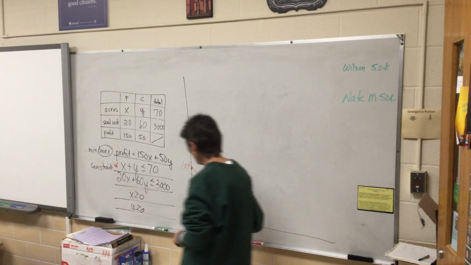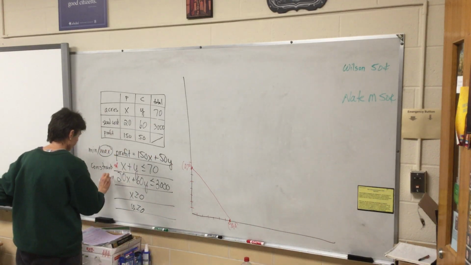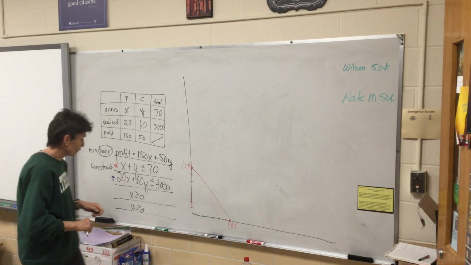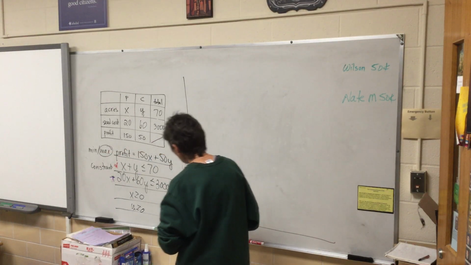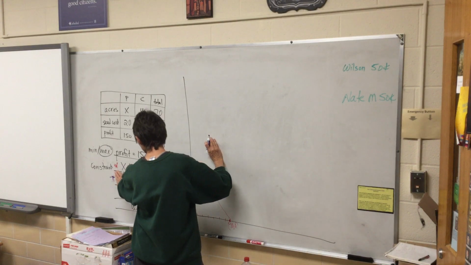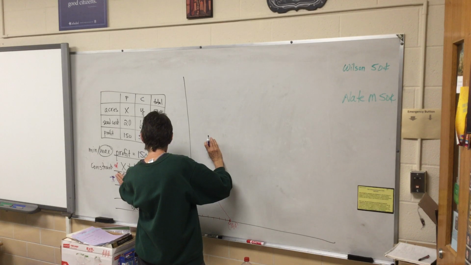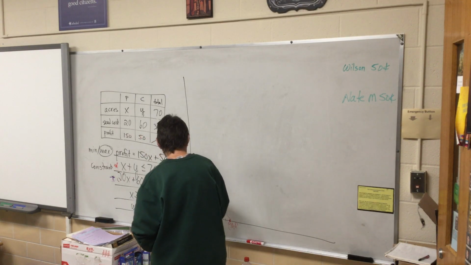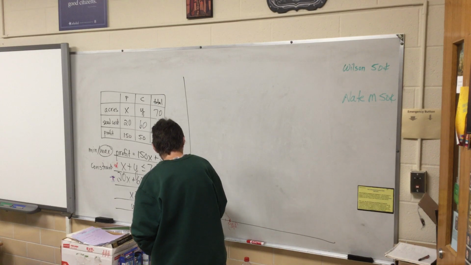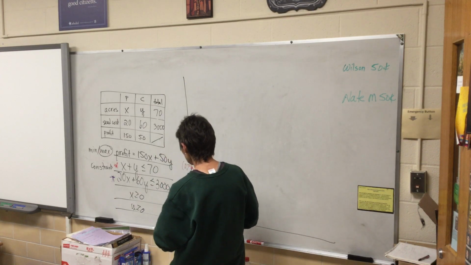All right, now I'm going to use my purple marker, and I'm going to do the same thing. So if I cover up X, it looks like Y is 50. Keep an eye on my math, make sure it's right.